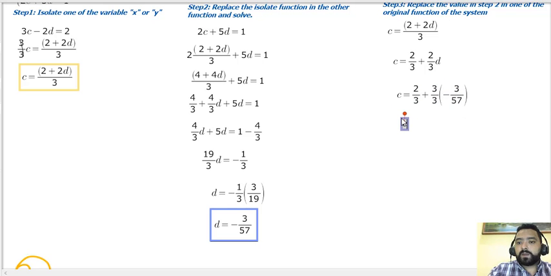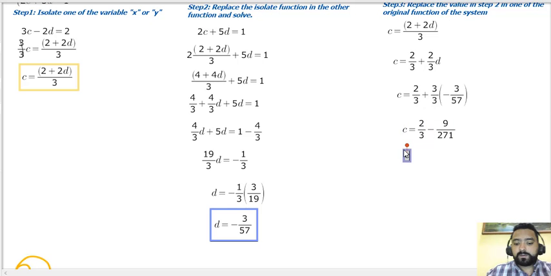Then we are going to have c equals 2 over 3. First, remember you have to solve the multiplication, and it's going to be negative 3 times 3, negative 9 over 57 times 3, it's 7 times 3, 21, we have 2, 5 times 3, 15, plus 2 is 171.